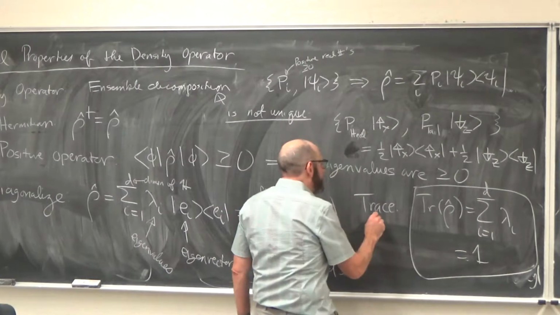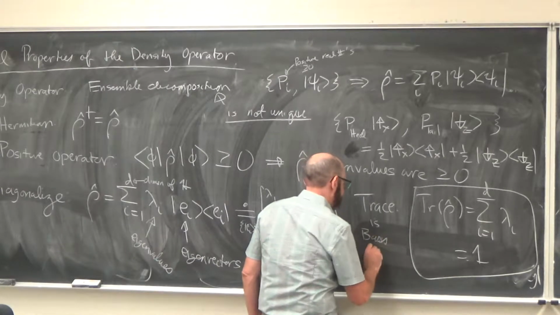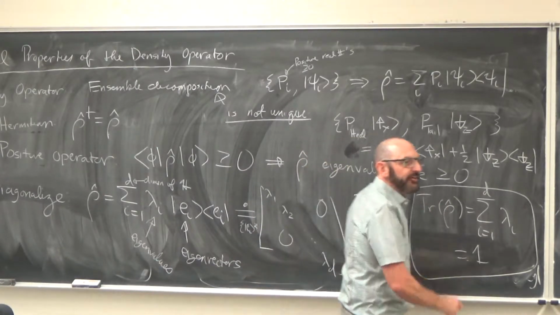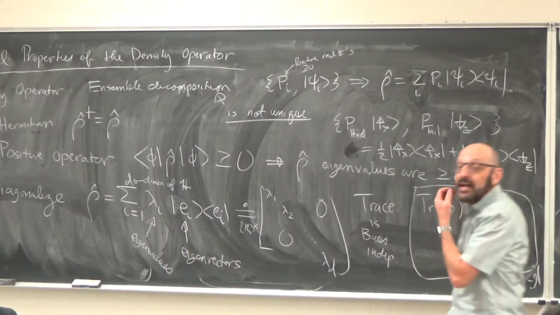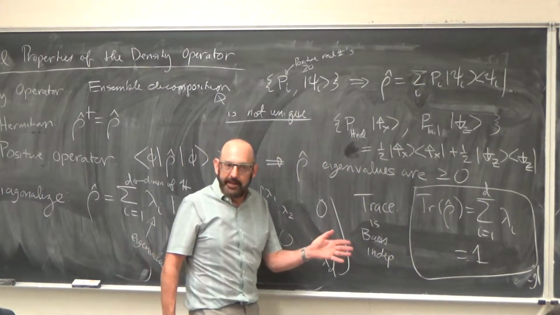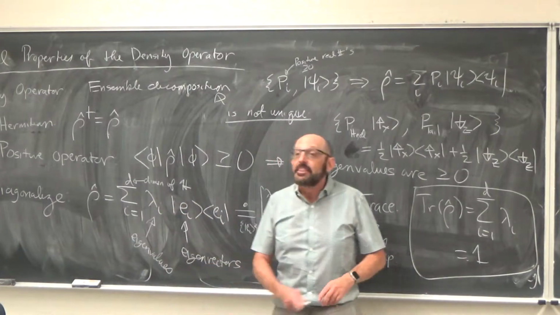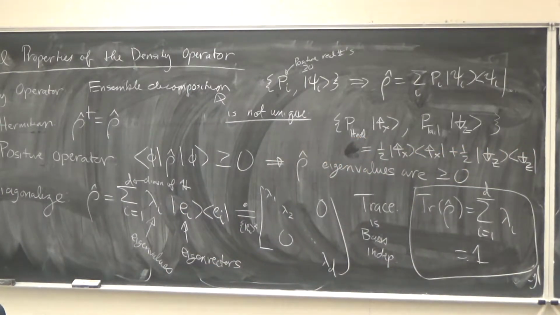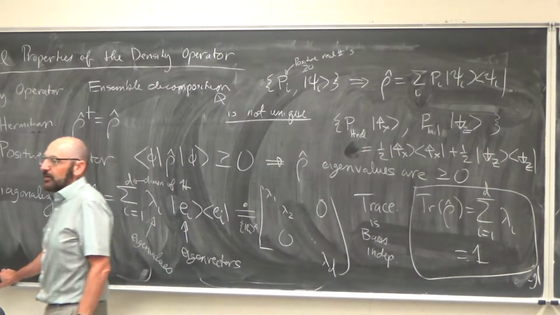Importantly, the trace of the operator is basis independent. I don't have to first find its eigenvalues and sum them. I can find the trace in any representation, and it's always the same. Since the eigenvalues represent the probabilities in a statistical mixture, a normalized density matrix has a trace of 1.